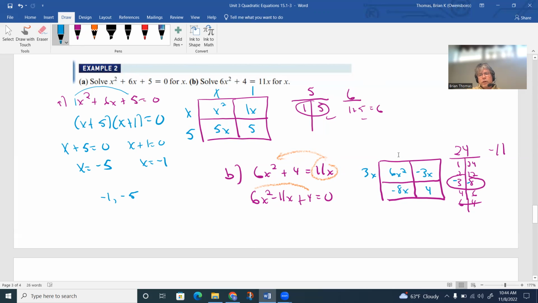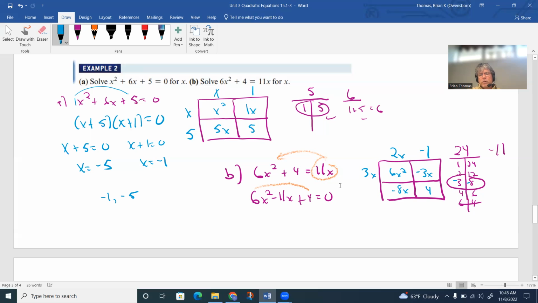What times 3x gives me 6x squared would be 2x. 2x times 3x does give me 6x squared. And 3x times what gives me this negative 3x? I need a negative 1. So negative 1 times 3x does give me negative 3x.